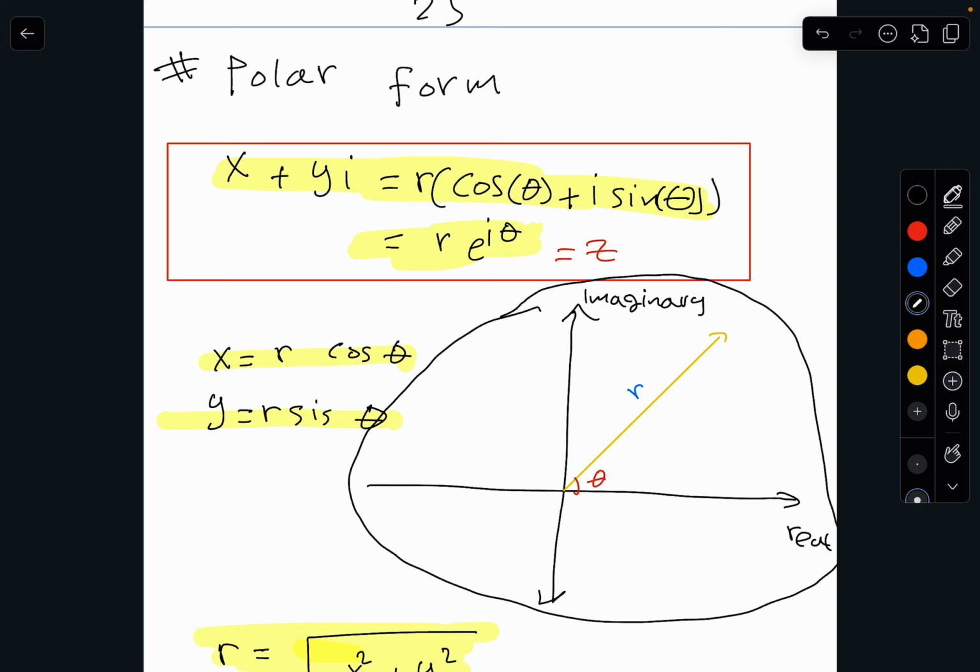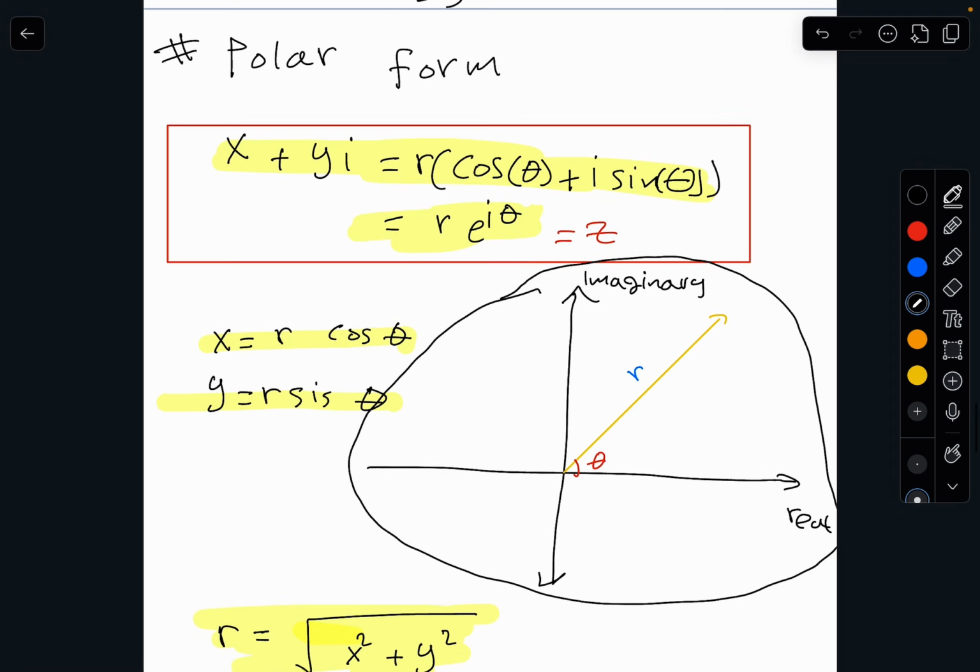We notice that we can also know the position of x and y by using r and theta. So basically, if we know theta and we know r, we can find the position of our value.